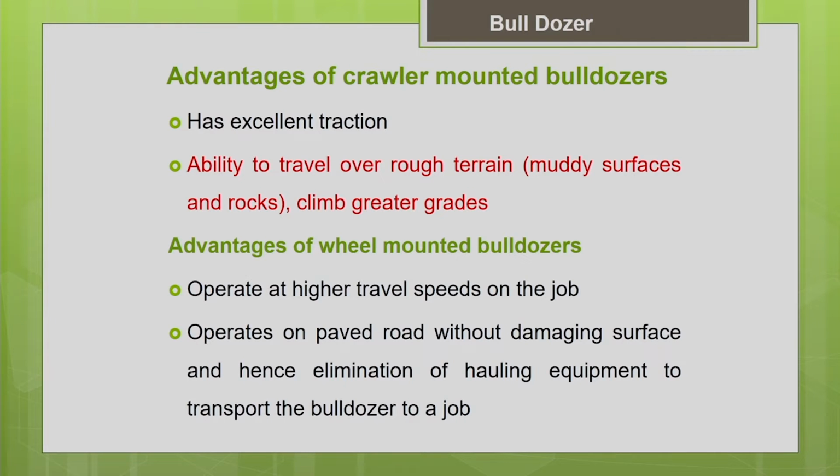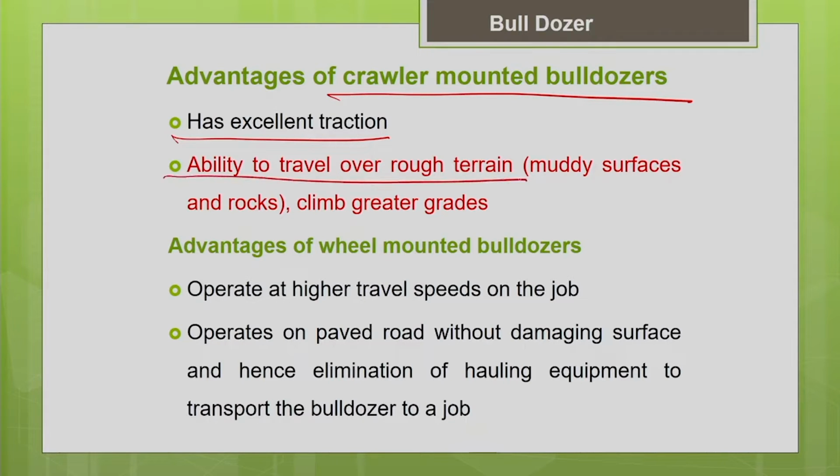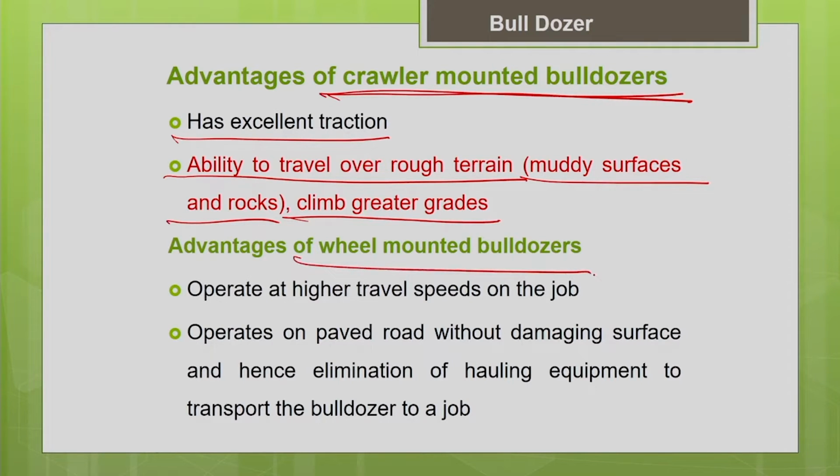So let us now summarize the advantages of the crawler mounted dozers and wheel mounted dozers. Crawler mounted has excellent traction, as you know. So it has ability to move over rough terrain, muddy surfaces or rocks or steeper grades, everything can be handled by the crawler mounted machines. But your wheel mounted machines, the main advantage is it can operate at a high speed and its mobilization is very easy.